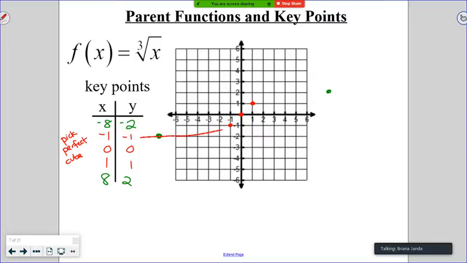It then squiggles through my origin and continues to increase very slowly. If you don't know that shape, you need to extend your table all the way to negative 8 and 8. Questions so far?